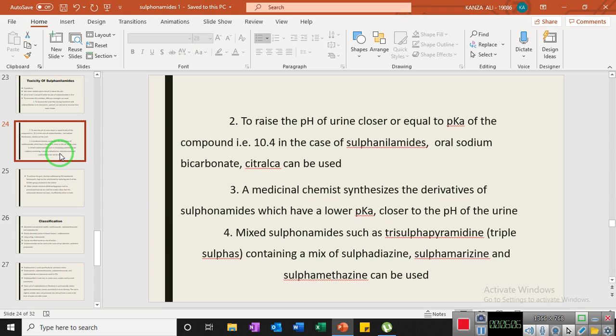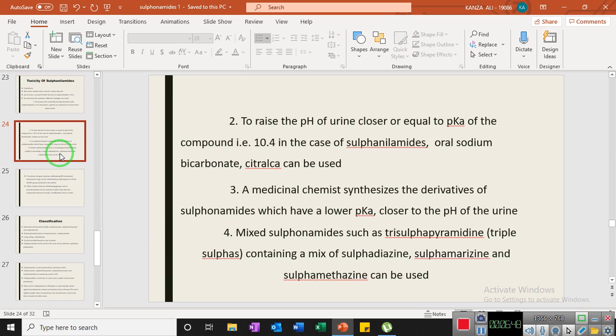Hence, we are increasing the pH of the urine so that it come closer and closer to the pK of the sulfanilamide, that is 10.4. What does it mean? The pH, which is 5, will be increased, or pH will reach to the pK value, that is 10.4. For this, we can use oral sodium bicarbonate, Citralka, or some other measures can be used for this strategy.